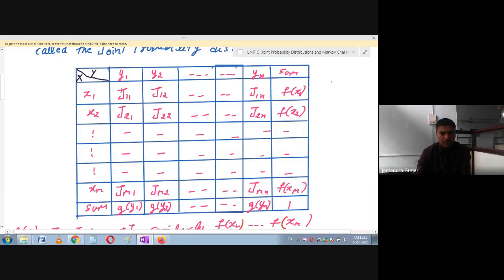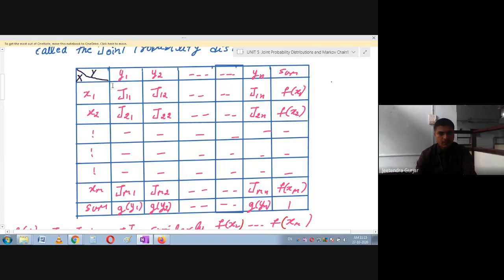So the sum of all, meaning j11, j12, and all these matrix elements up to j1n, will give you f(x1). I think in the last lecture I told you this: whatever sum you are going to do, which will not be given in the question, you are going to calculate. These values are nothing but marginal probabilities, that is the marginal distribution, because it is in the margin.